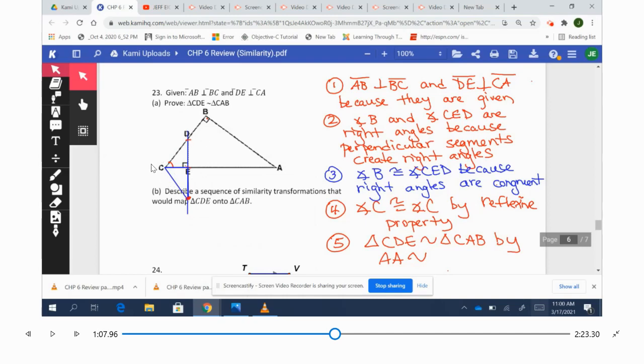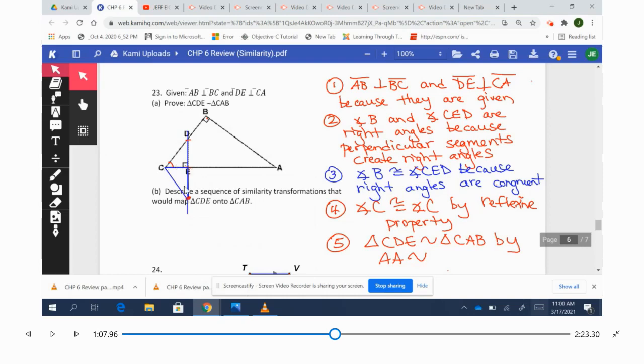But then if you go CAB, that's going against the clock. So orientation is not preserved from the pre-image to the image. So we're going to have to fix orientation, and that takes a line reflection.